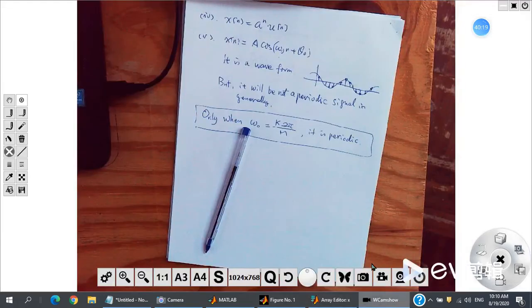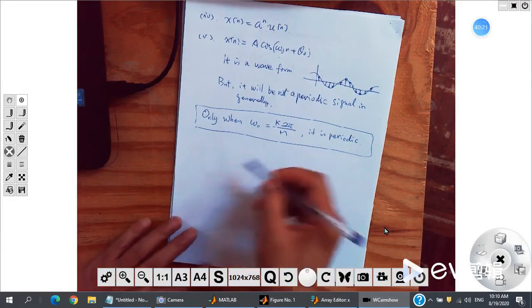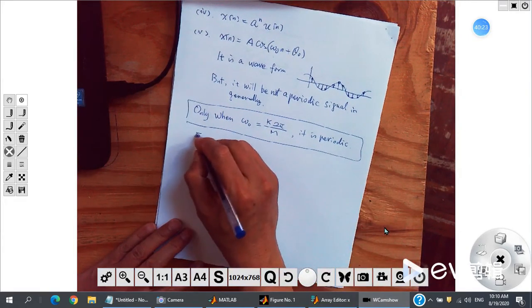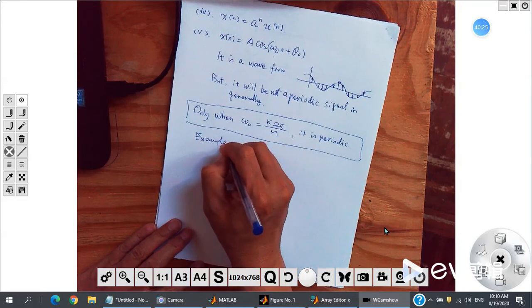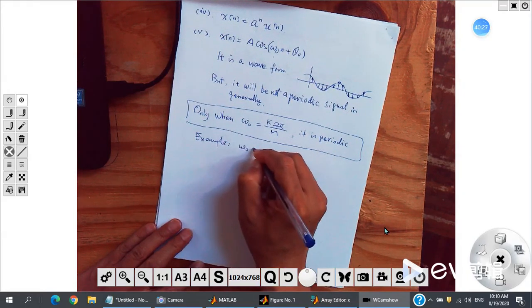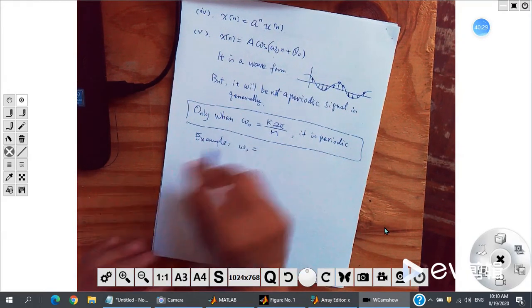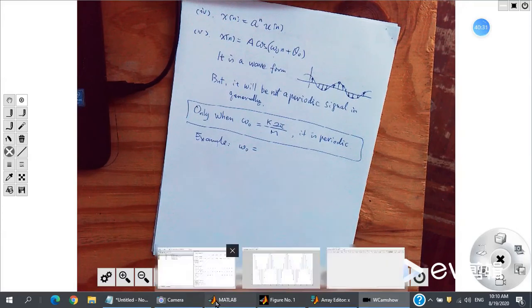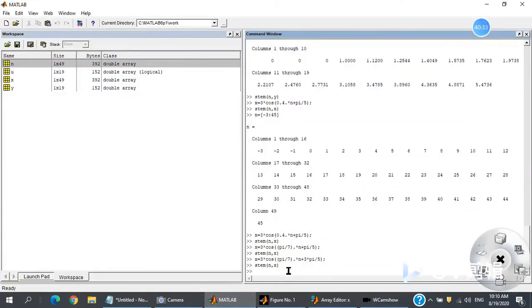We have a note. Omega 0 is how many pi? I forgot, sorry. It is pi over 7. Then the period, we use capital N for the period, is 14.